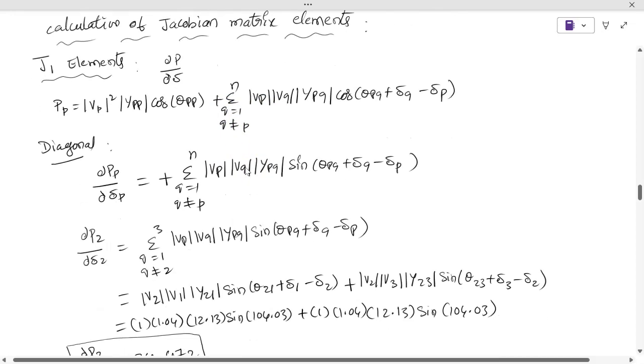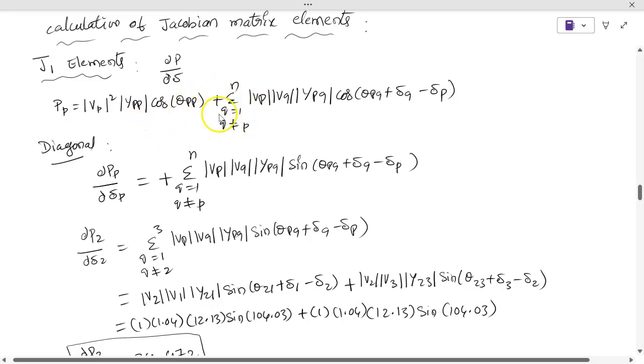Now, for J1 elements, first we will calculate the diagonal elements, and later the off diagonal elements. Diagonal elements means ∂PP/∂δP.